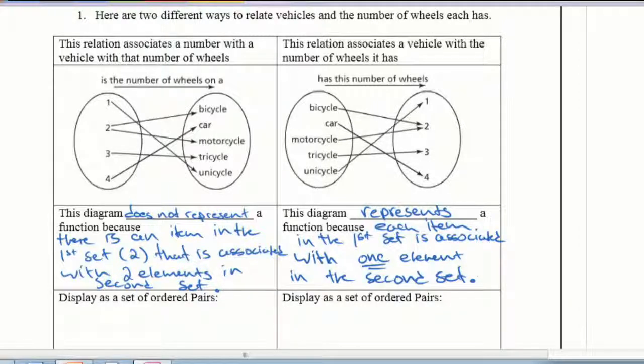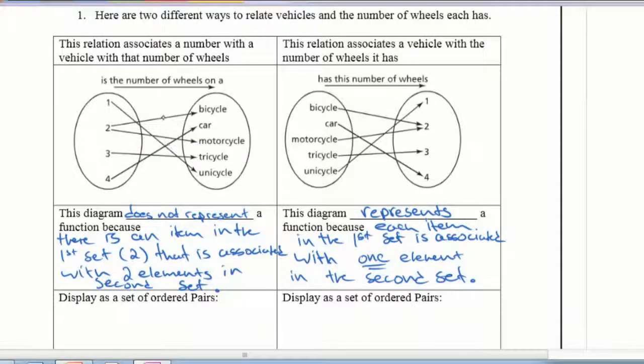Even though bicycle and motorcycle are both representing a 2, the unique thing is that in the first diagram, the 2 had 2 arrows leaving it. But in the second diagram, each element in my set only has 1 arrow leaving it. Tricky, hey?